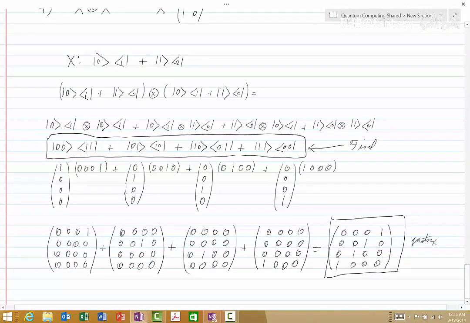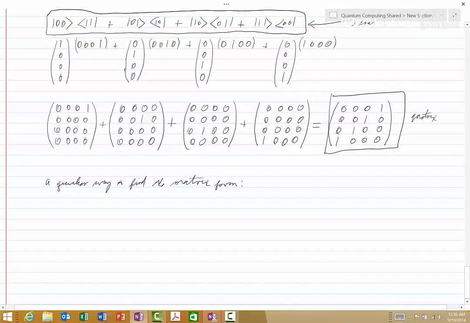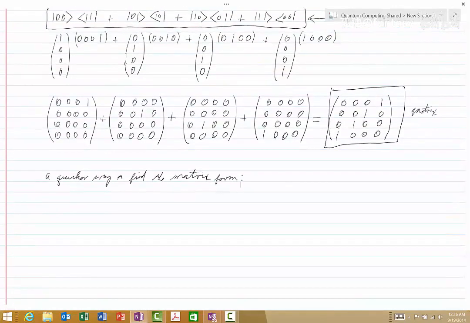Now I'd like to show you another way, a quicker way to find the matrix form. And I'll do this in a general sort of way.